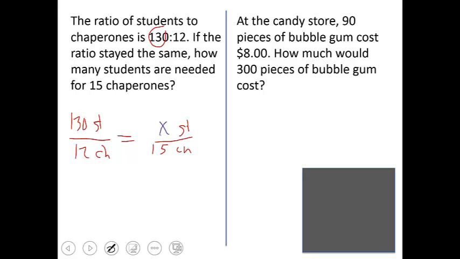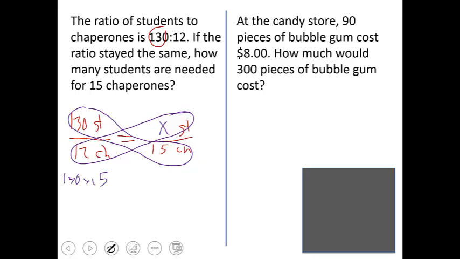So I'm going to put an X right there. I can do this because both of those, when you multiply them, are the same. So 130 times 15 in my calculator is 1,950.